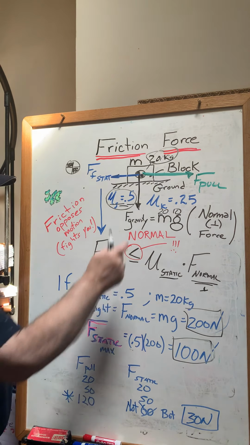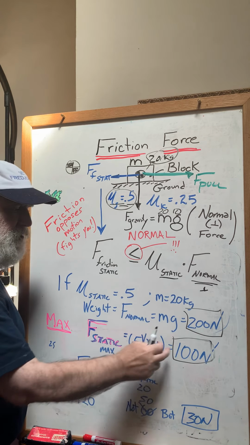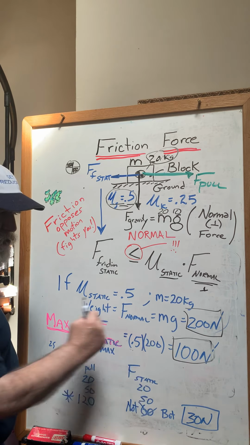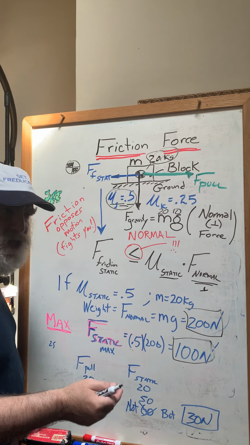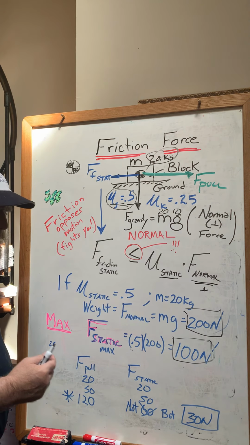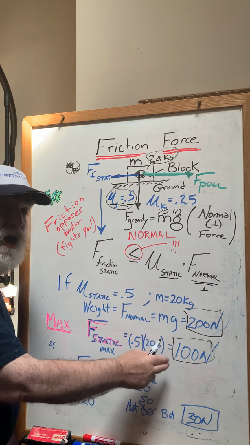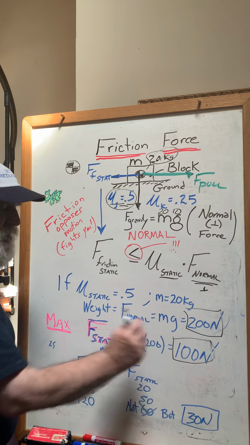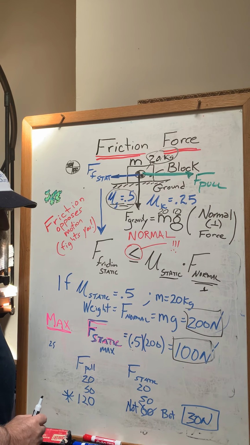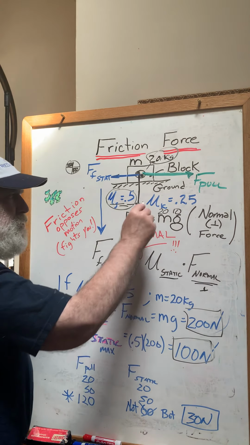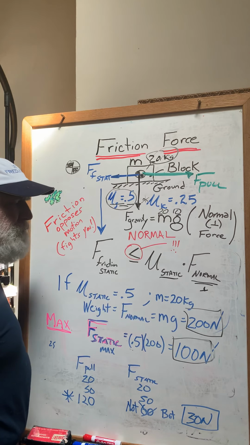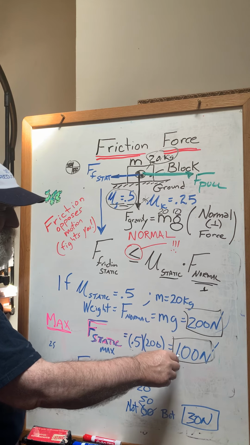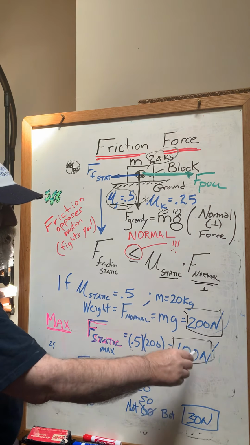So if I pull with 20 newtons, it'll pull back with 20 newtons. Not 100 newtons, because if I pulled something, it wouldn't throw me across the room. It's an equal and opposite reaction. Once I get to anything slightly over 100 newtons, I have to go back and use kinetic friction, because the maximum static friction force is 100 newtons.